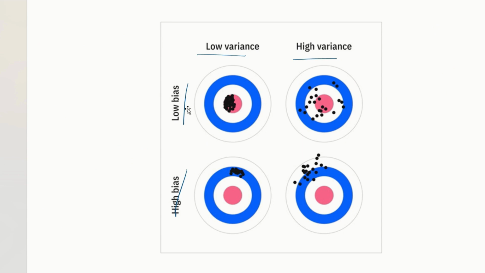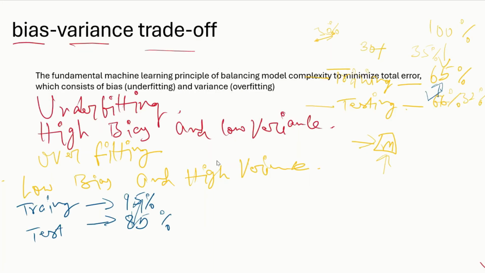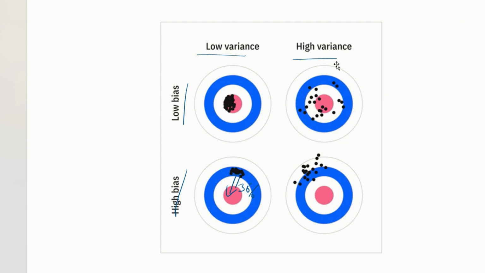You can see the accuracy is very low, and the problem is a 30% lack of accuracy. When it comes to overfitting, it is low bias and high variance.